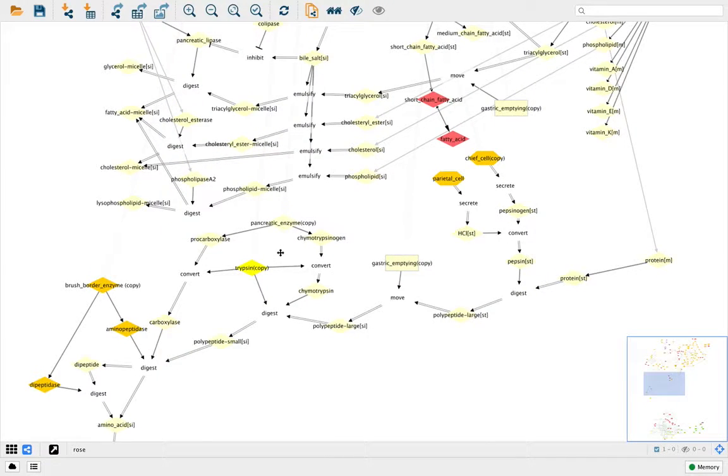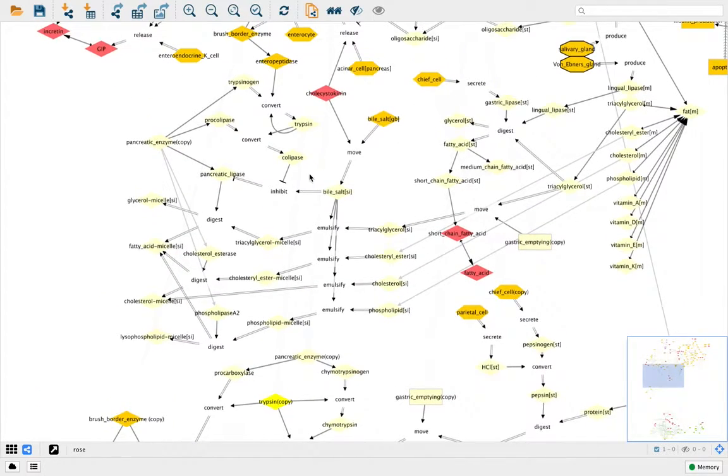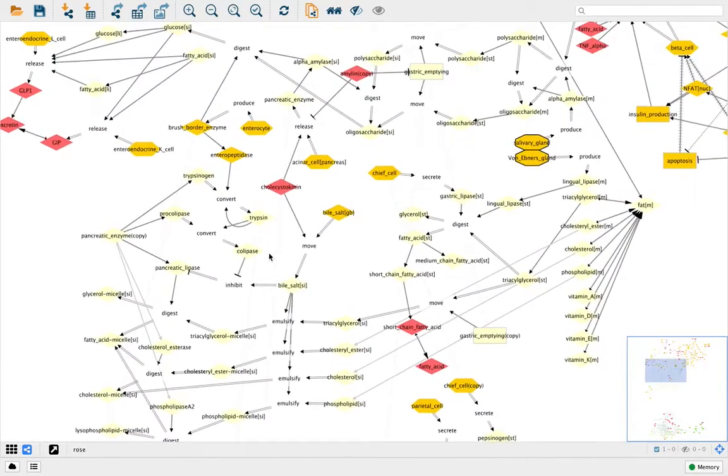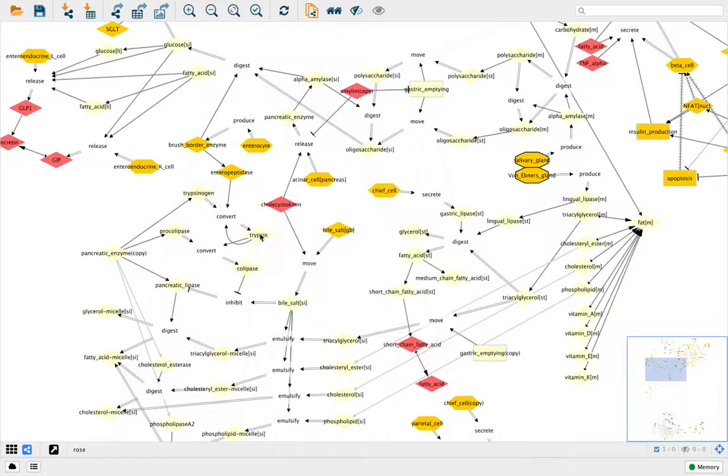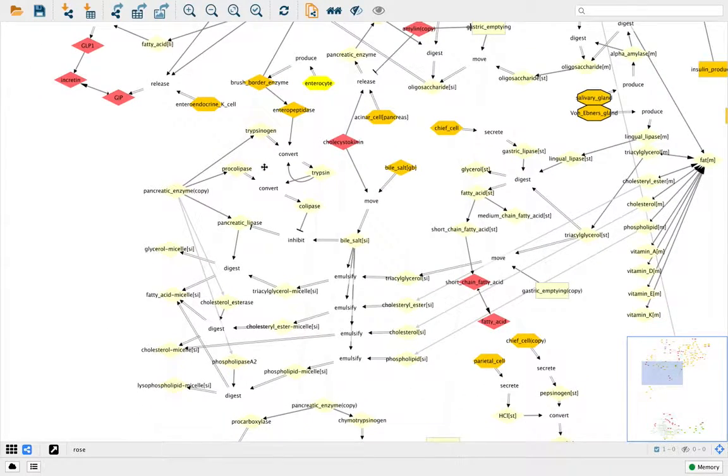And we have encountered trypsin before in the lipid digestion part. The trypsin here is activated from trypsinogen by enteropeptidase, one of the brush border enzymes on the surface of the enterocyte.